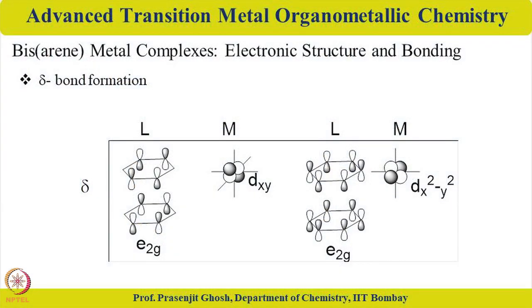So, we had seen how these 6 benzene orbitals combine with the metal orbitals, resulting in 3 kinds of interaction: sigma, pi, and delta types, and the corresponding ligand orbitals which are involved in such interaction are shown over here.